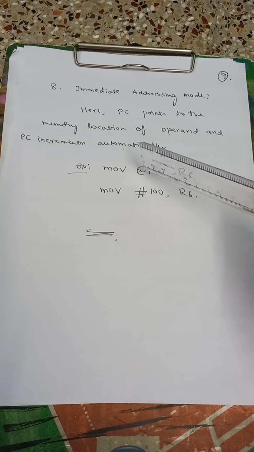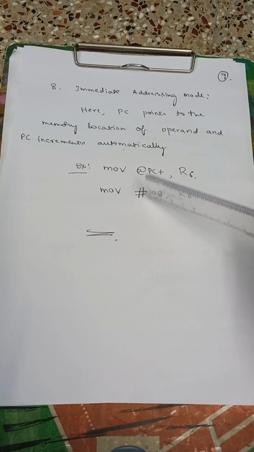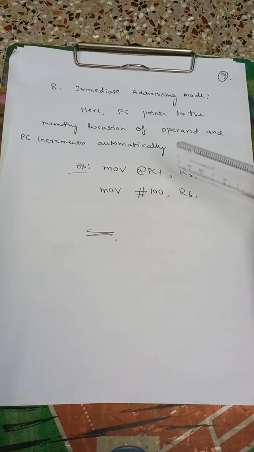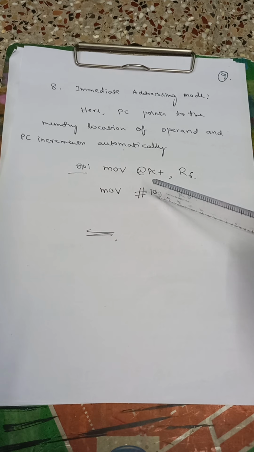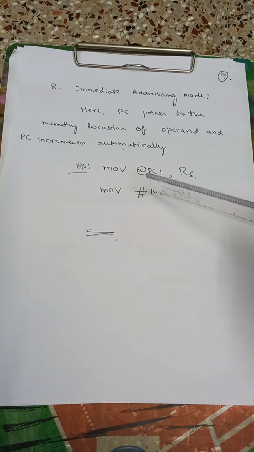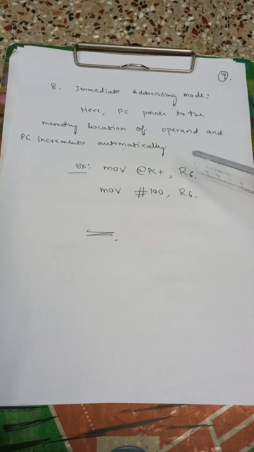So PC along with at can be used, or directly the numerical value along with hash symbol can be represented in the instruction. So in the immediate addressing mode, a numerical value mentioned in the instruction is transferred to the destination register. So these are all the addressing modes of MSP 430.